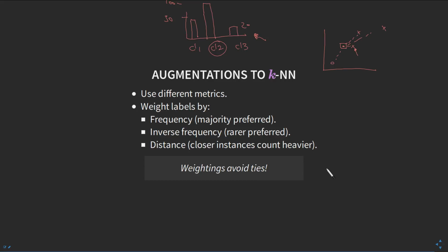And then conveniently doing this, we always avoid ties. But also it improves the quality of our decisions over just doing a naive, let's just look at these k amount of neighbors.